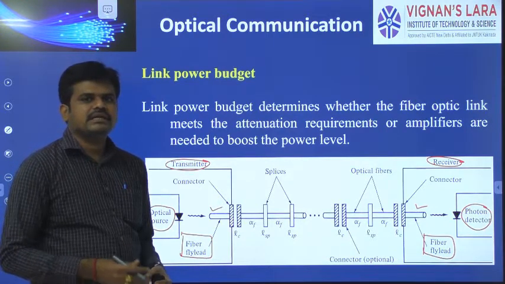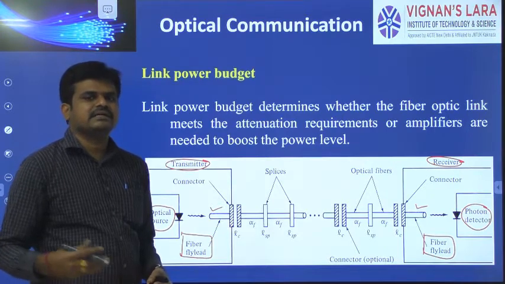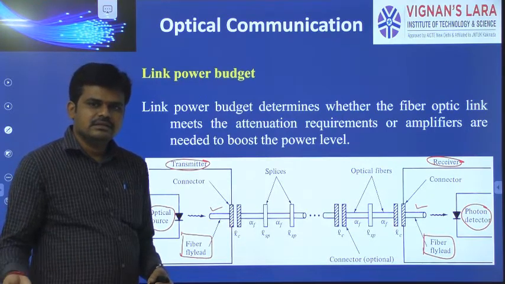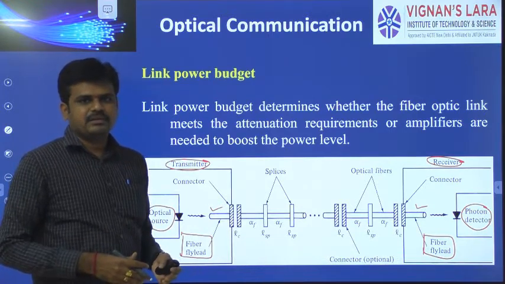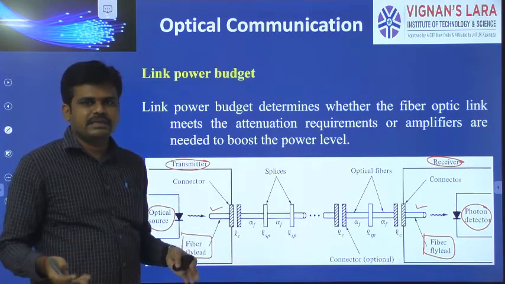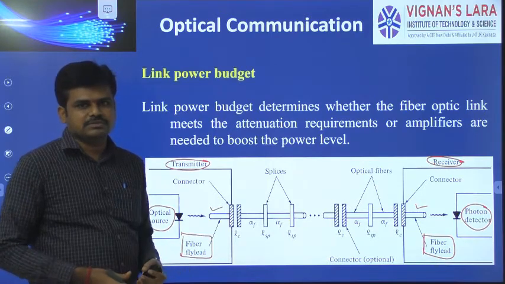For example, a 200 meter optical fiber can be connected to another optical fiber using a connector or a splicing technique. At a stretch, 5 kilometer optical fiber manufacturing is not possible.